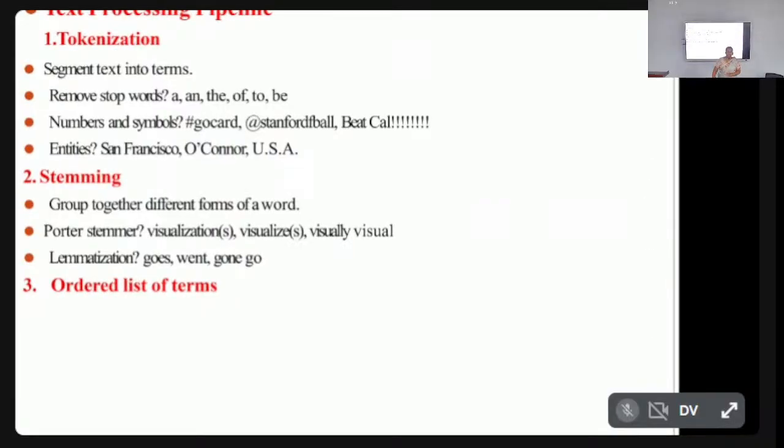Now stop talking. Write down: text processing pipeline. Under that, the first one: how do you process this text? One is by using tokenization. What do you mean by tokenization? What is a token? You have done it in compiler design, I think. Compiler design is done?